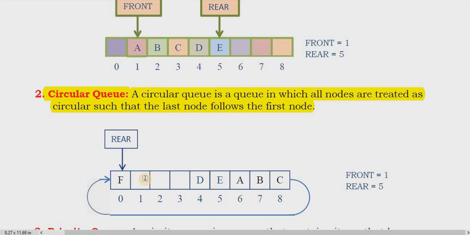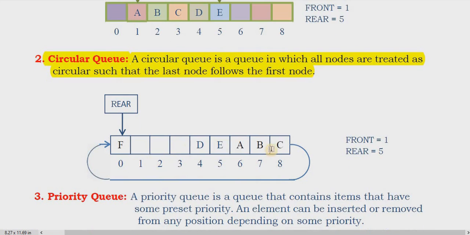So a circular queue is a type of queue where the last node is connected to the first node. In the diagram you can see the line which indicates the last node is connected to the first node.